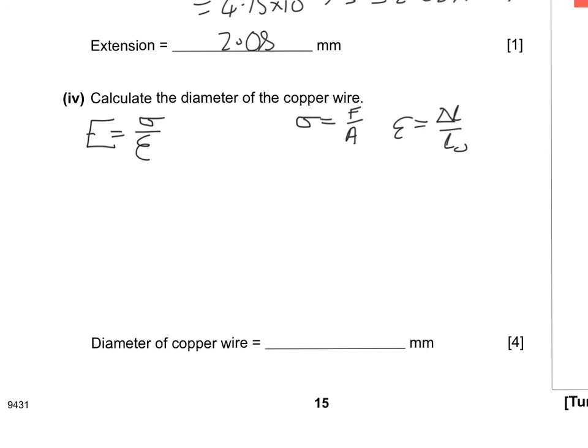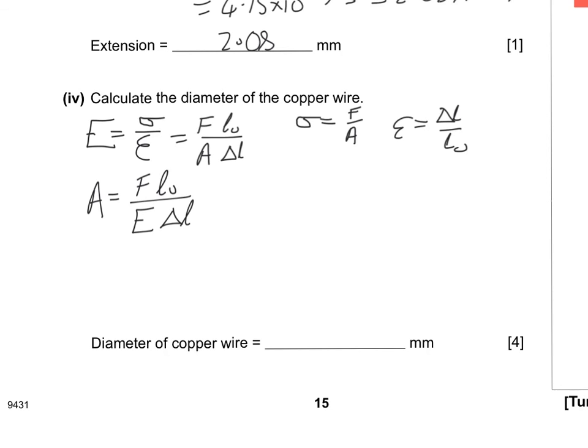We sub those in, and we get the L naught on the top with the force and the delta L on the bottom. Now all we do is put the area as the subject and take the Young's modulus, the big E, down. So we get that area is F L naught over Young modulus times delta L.